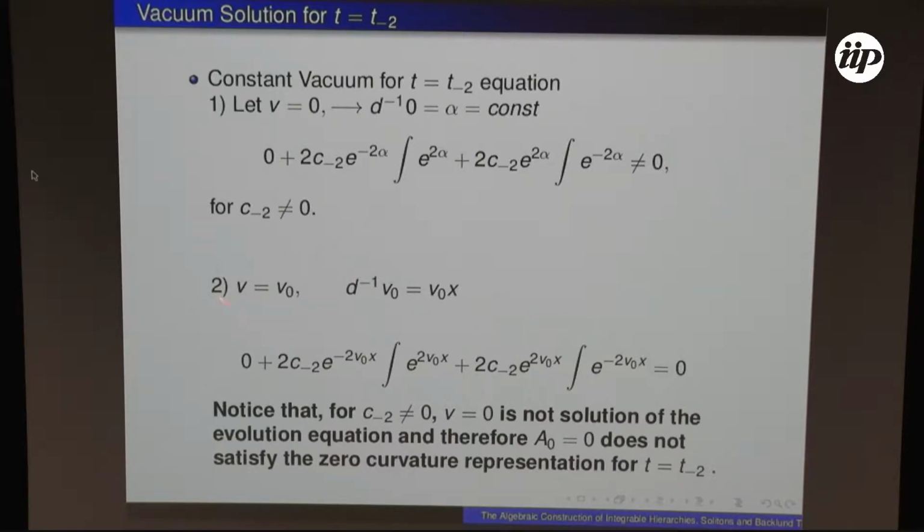However, V equals V0, a constant: d^{-1} of a constant is V0 x. And then you have the integral of exponential of V0 x and the exponential of the integral of exponential of minus V0 x, which have opposite signs. So they cancel precisely. So for this subclass of even negative integrable equations, the vacuum solution is a constant different from 0.